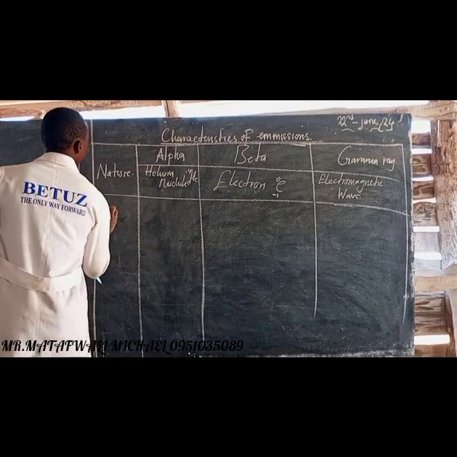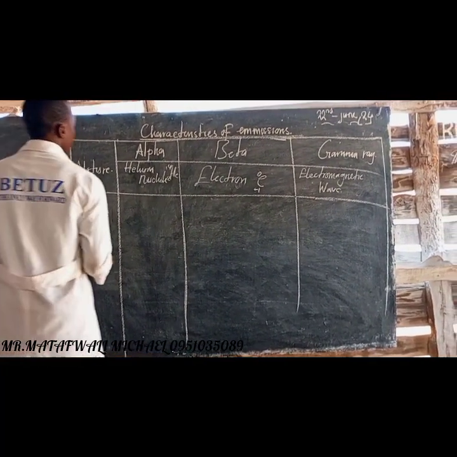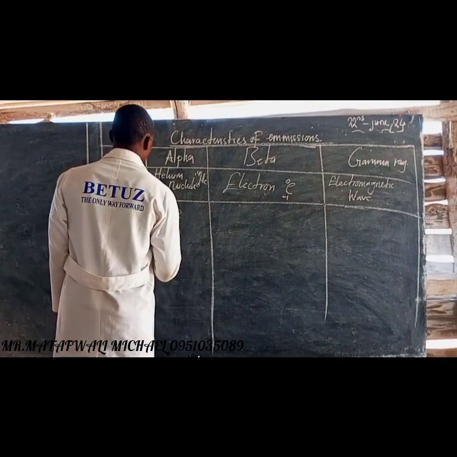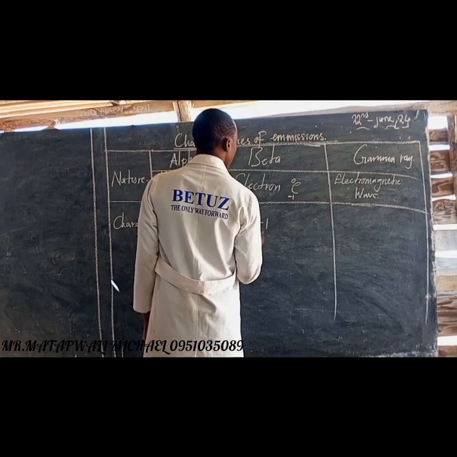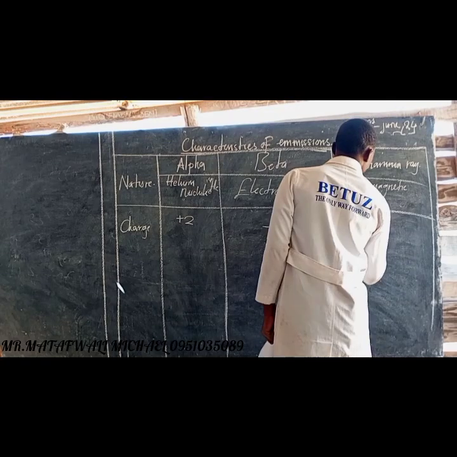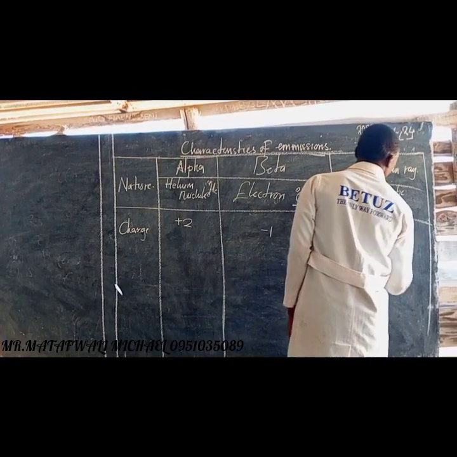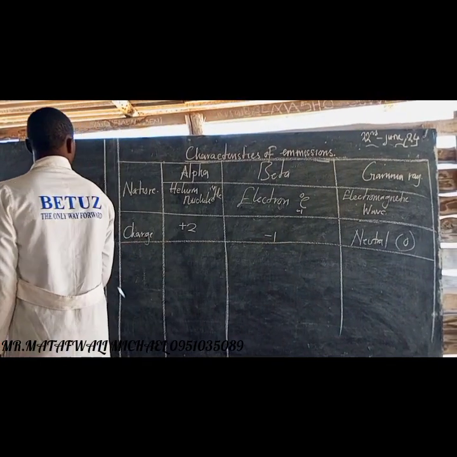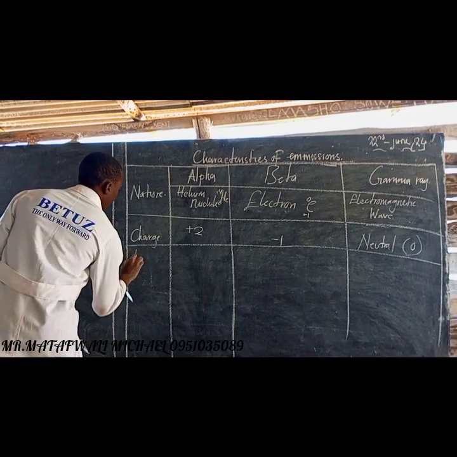Then we are going to move on to charge. What is the charge of an alpha particle? The charge for an alpha particle is +2, while the charge of a beta particle is -1. Then a gamma ray has no charge, so we can either say it is neutral or 0. Then we are going to move on to mass.